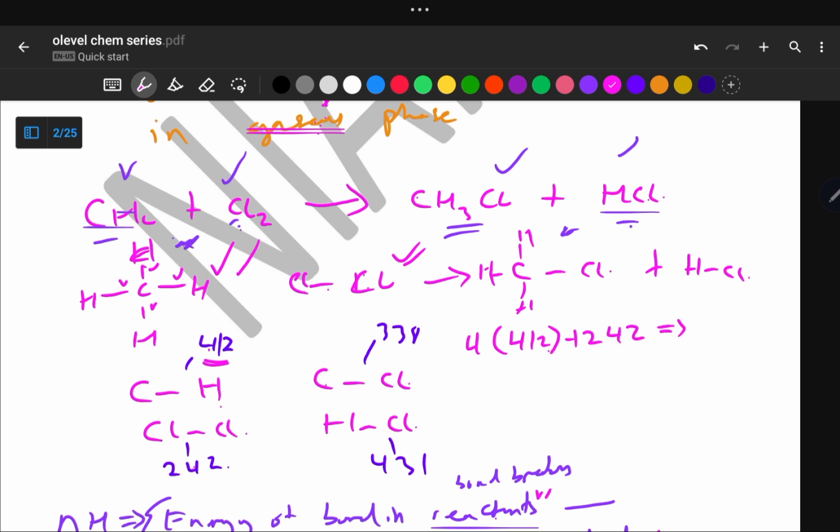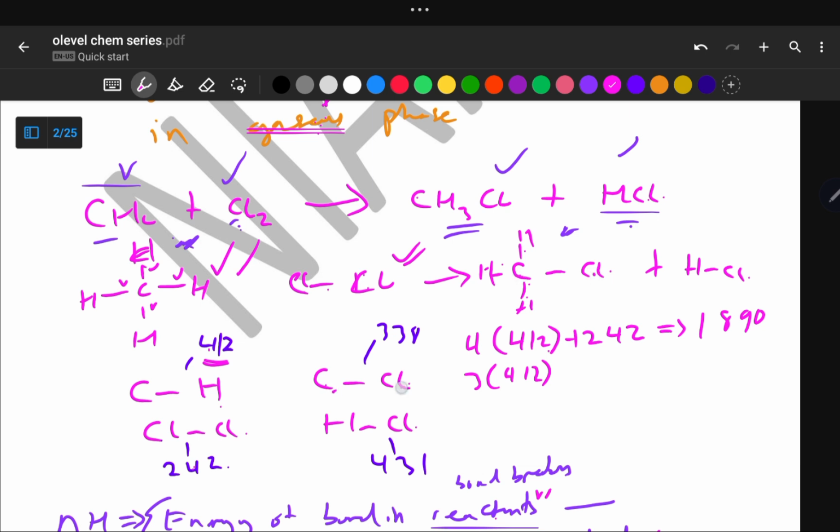We go straight to our calculator, right? And then from the calculator, it's 412 by 4, and then we are going to add 242 to have 1890, right? And then for the products, you're going to have 1, 2, 3, right? So it's 3 by 412, and then we have this carbon to chlorine bond.